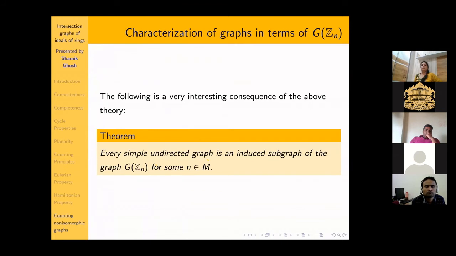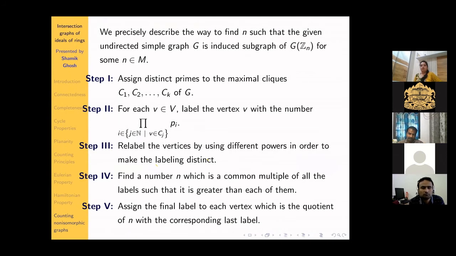So this result is saying that every simple undirected graph is an induced subgraph of the graph of Zn. And you see how you can construct them. First, you collect all the maximal cliques of the graph, and you assign distinct prime numbers to the maximal cliques. Then you label each vertex with the product of the primes of the cliques it belongs to.